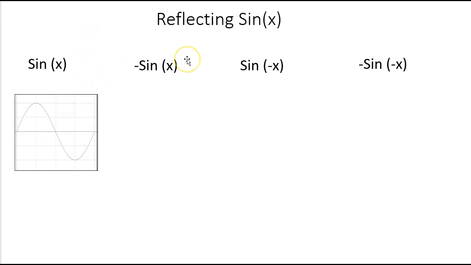So first of all, let's talk about sine. So this is what a regular sine function looks like over here. And in that case, you start at the midline, and then you go up. So I'll fix that really quick.